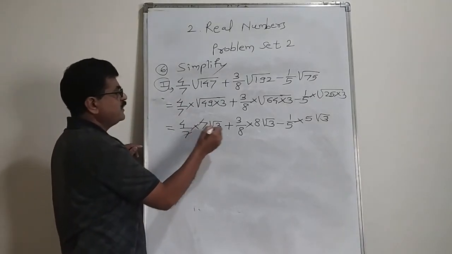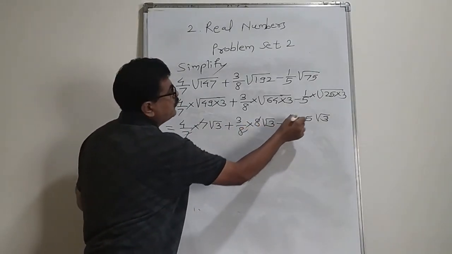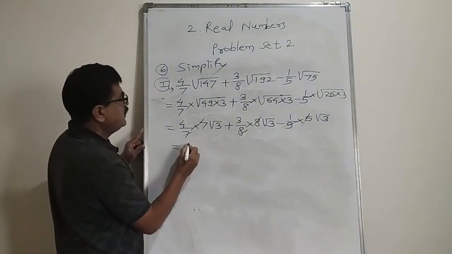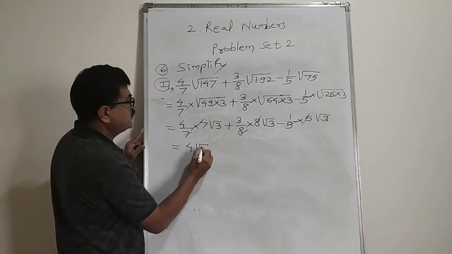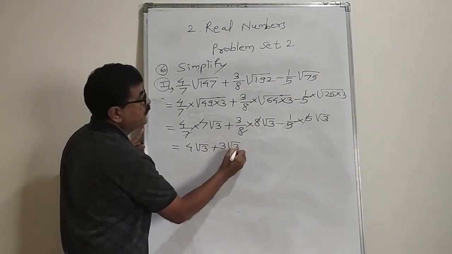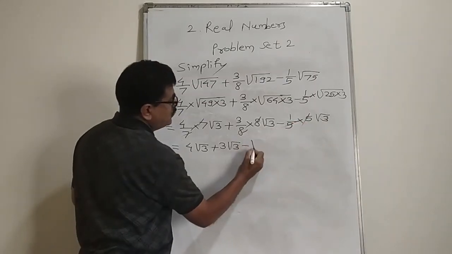Here 7 gets cancelled, 8 gets cancelled, 5 gets cancelled. Write down remaining terms, that is 4 square root 3 plus 3 square root 3 minus square root 3.